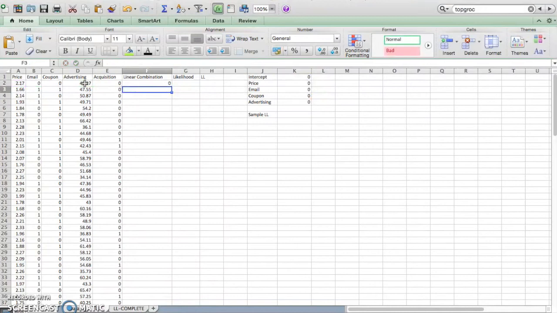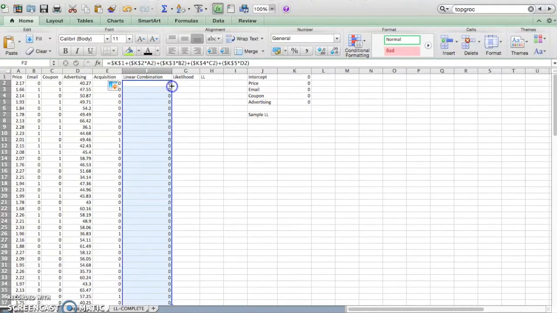Right now, we're getting an answer of 0 due to the placeholders for the intercept and coefficients in column K, but that will change. To copy the formula down the column, I'm going to place my mouse in the bottom corner to get the crossbars and double-click.